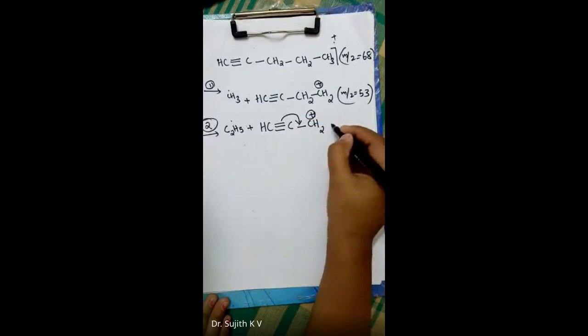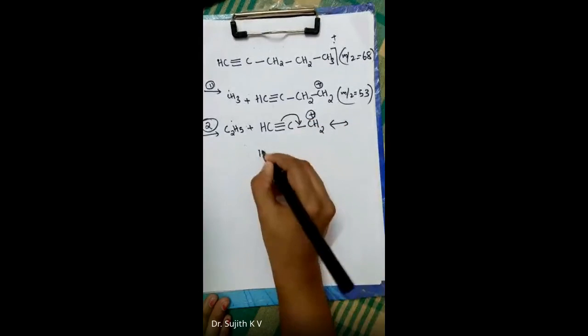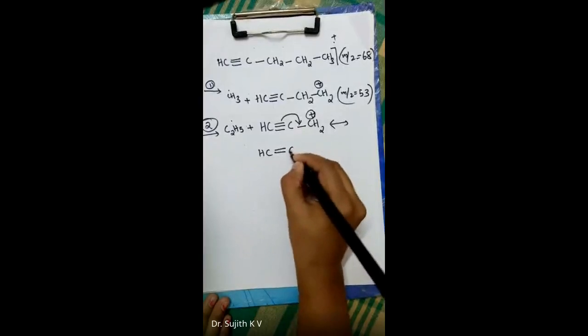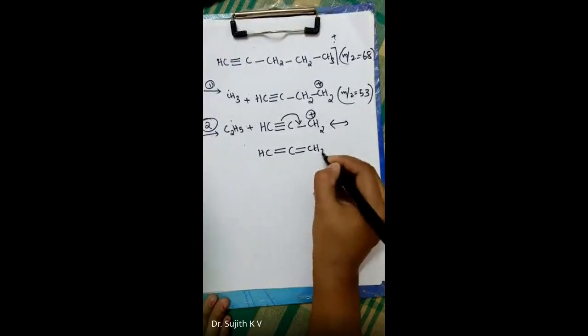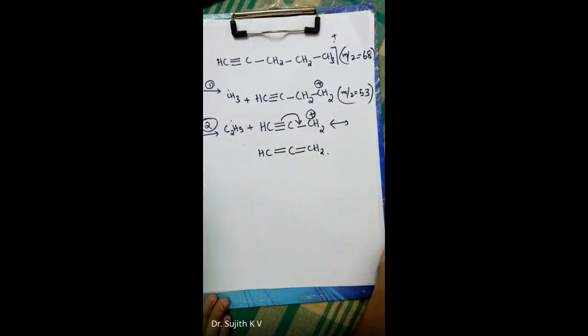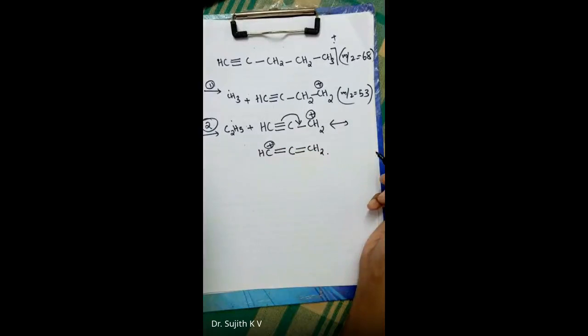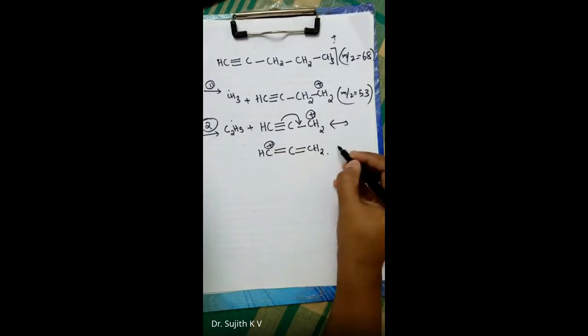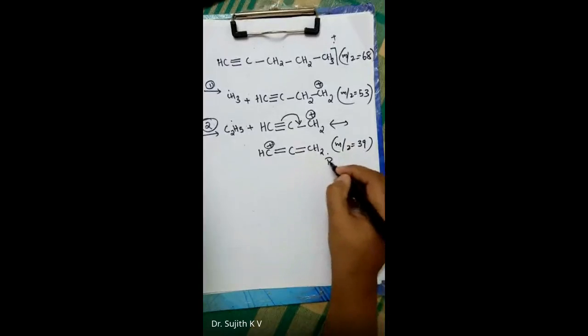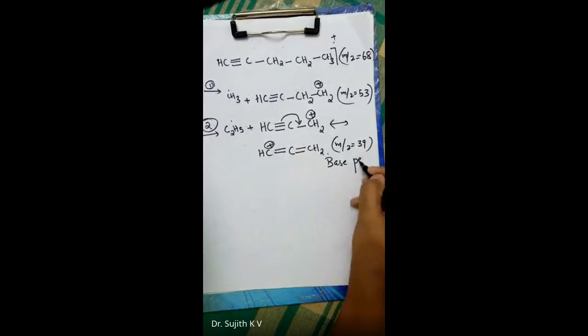It may come like this, and you will get CH double bond C double bond CH2. So this is the resonance stabilized propargyl cation, and this comes at m/z equal to 39, and this is the base peak.